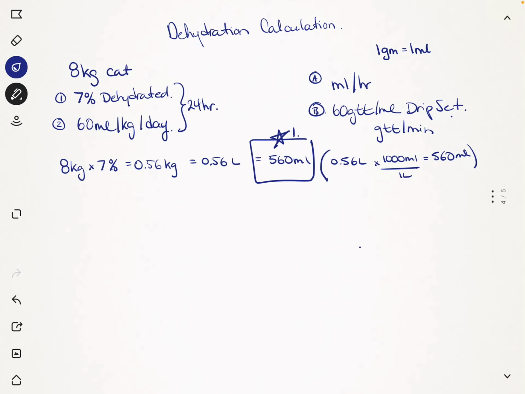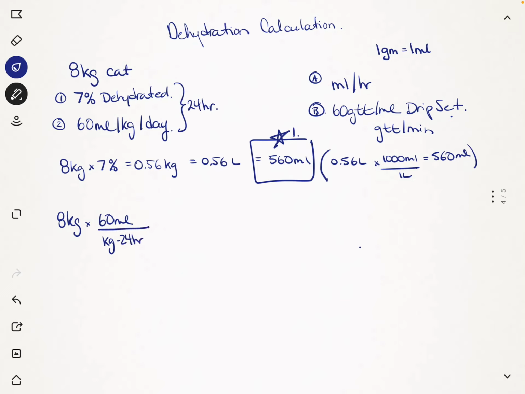That's part 1. Now part 2 is we have that 8-kilogram kitty, and we need to calculate those fluid maintenance volumes. So that's mils per kilogram per day, or 24 hours, which means the exact same thing.